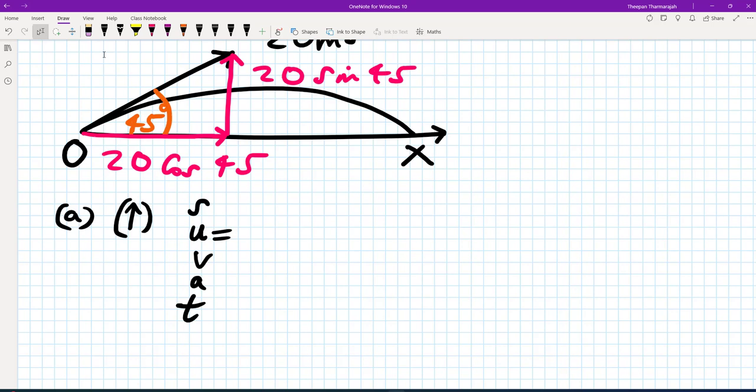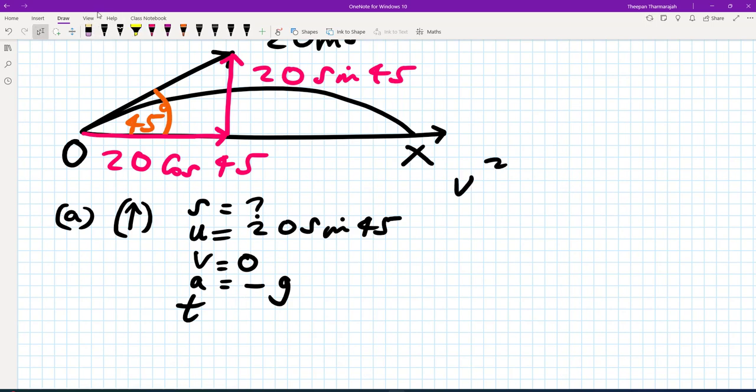So vertically, we've got 20 sine 45. We're trying to find S. At maximum height, V is 0, and we've got minus g. So we can use the suvat equation, V squared equals U squared plus 2AS.